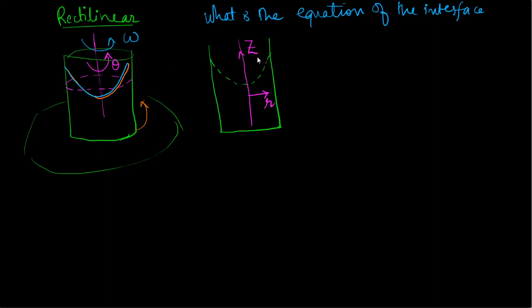So now we have to rewrite the equations of motion in the RZ coordinate system. So once again, for any point we can write dp as del p del r dr plus del p del z dz. So this is the dp in a cylindrical polar coordinate system.